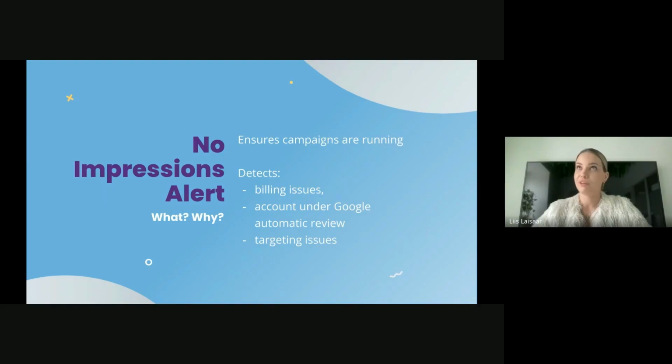One thing we recently went through with one of our accounts that caused a lot of stress was going under Google's automatic review, which is something they don't notify you about at all, and they can suddenly just put your account under review, with no information about anything in the account. All of the campaigns, ads, everything just stop running for some time, I think it was like 24 hours. Luckily, I wasn't managing the account that this happened to, but it took a lot of time for us to investigate what's going on and why this happened.